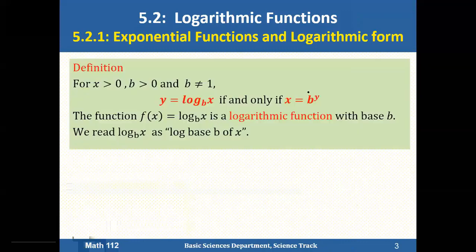So, since exponential and logarithmic functions are inverses, there is a relation between them. If x is b to the y, this is the exponential form, with an exponent.